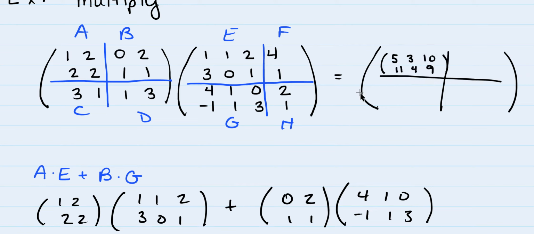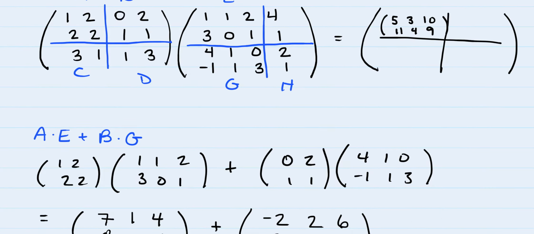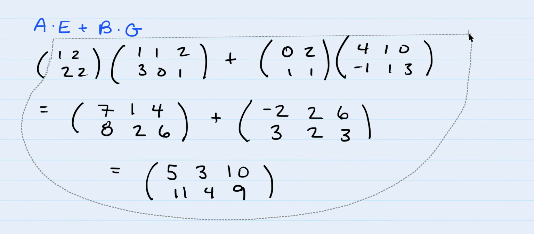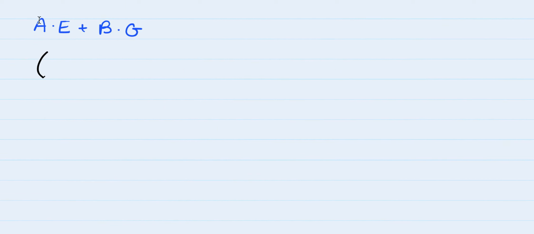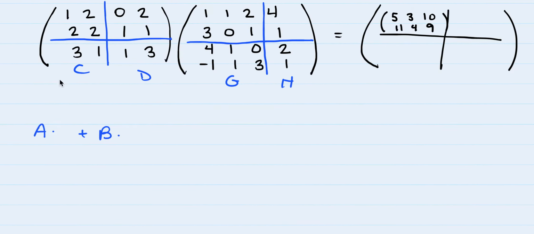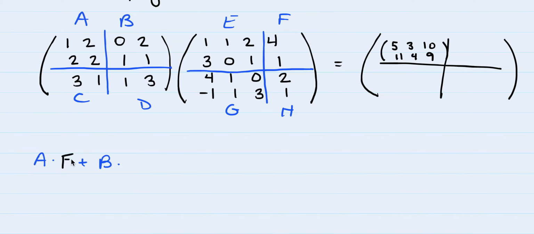Okay, now let's calculate the entry that goes here, which is going to be the matrix A times F plus B times H. So A times F plus B times H. Let's see what that is.